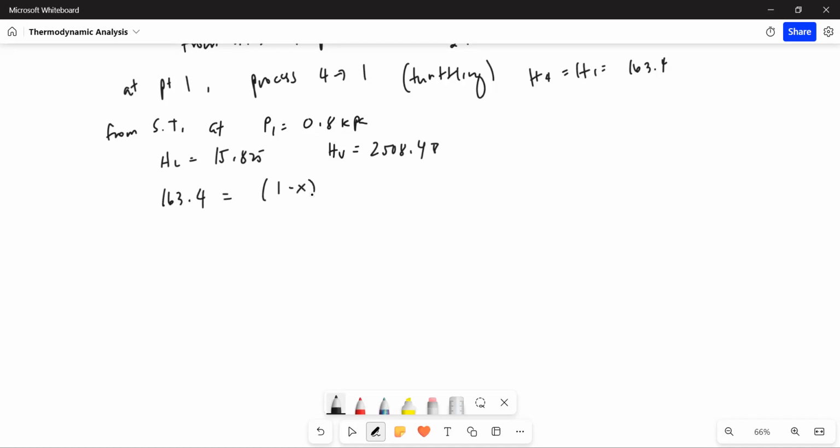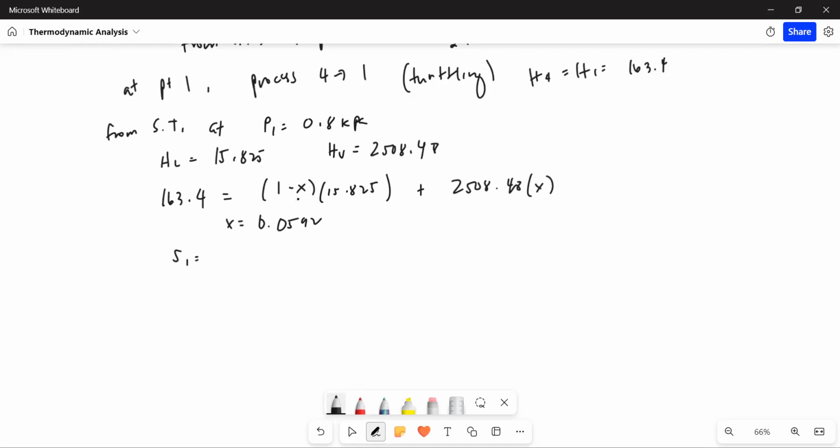So 1 minus x times, the quality is 0.0592. Right? So now we can solve for S1.